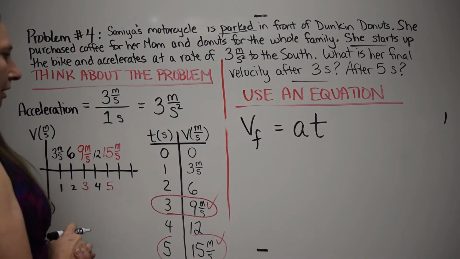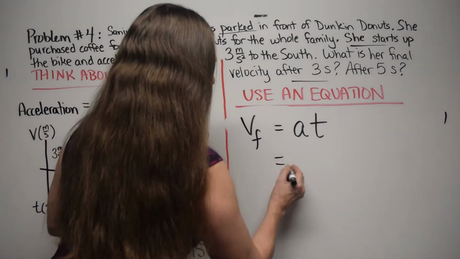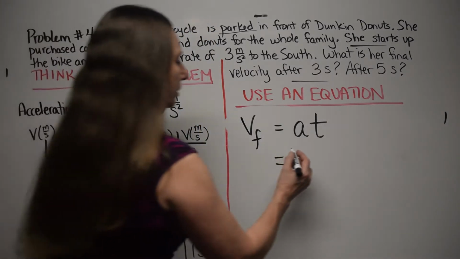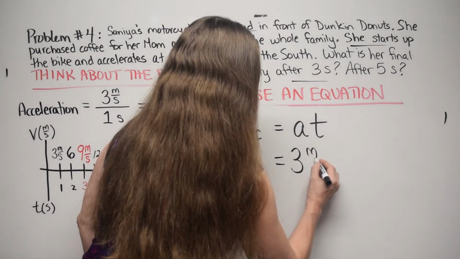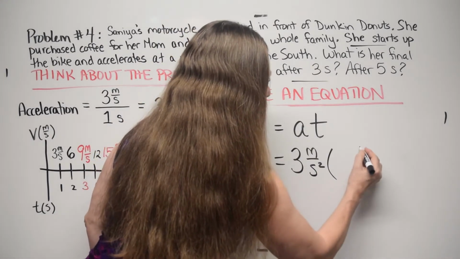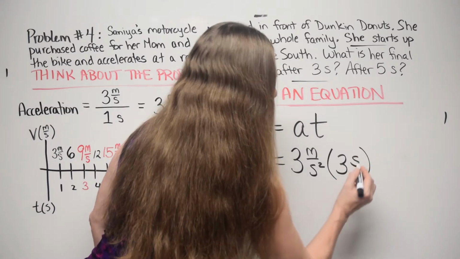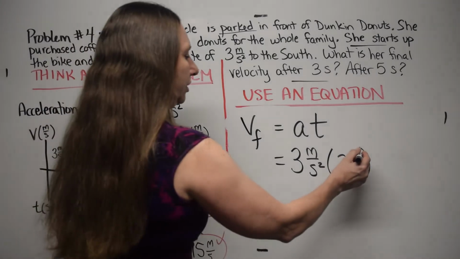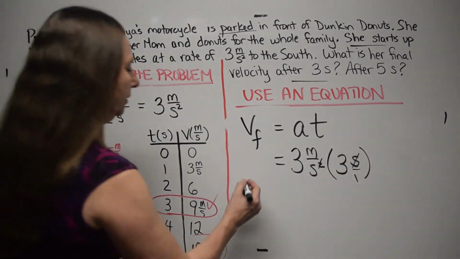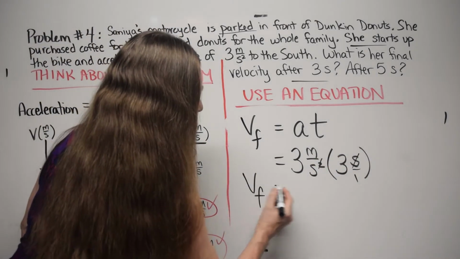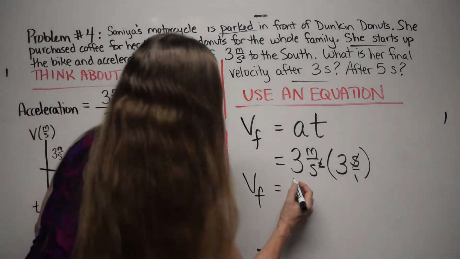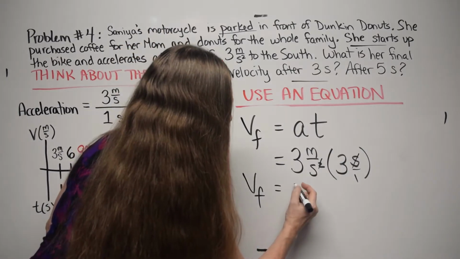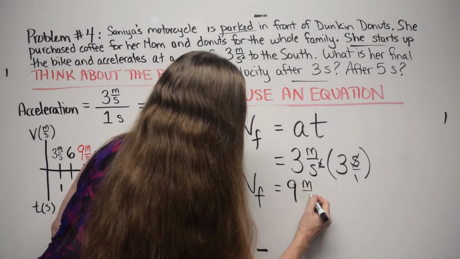So our first problem, we had 3 meters per second squared for 3 seconds. We've got seconds basically over 1, so this seconds cancels one of those. And your first answer, the final velocity, is 3 times 3, 9 meters per second.